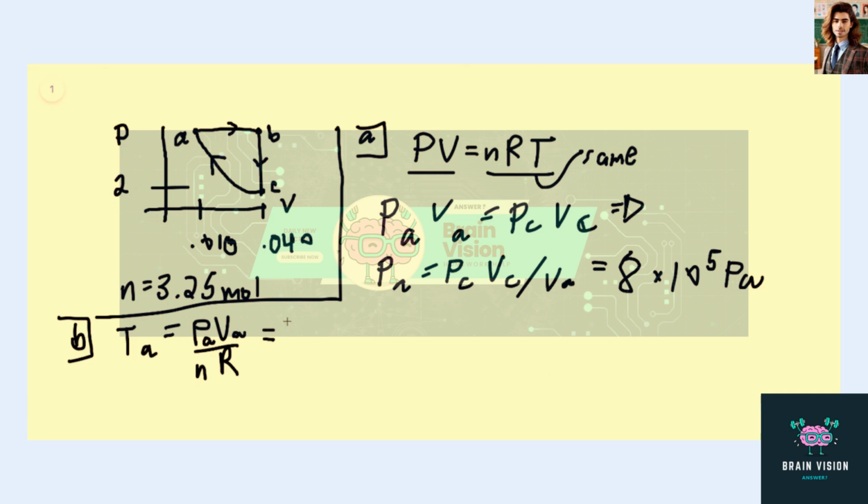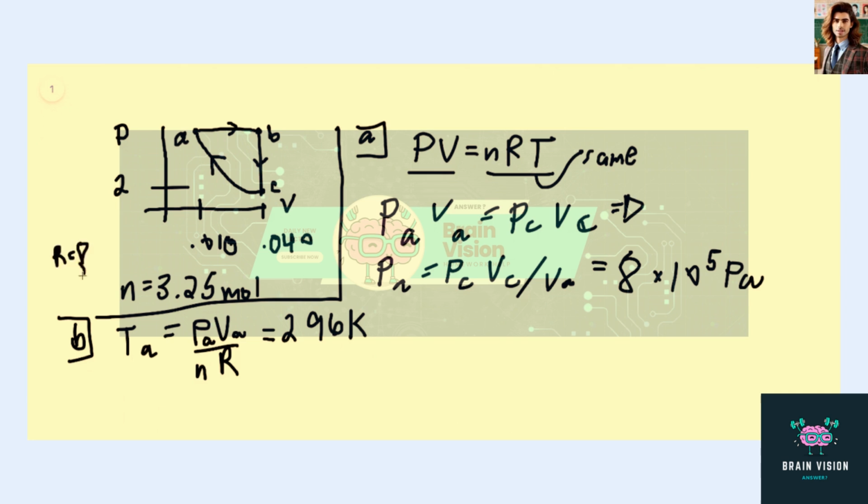If you plug in all your numbers, 296 Kelvin. Our PA is the 8, VA is 0.01, n is 3.25, and R is 8.315 joules per mole Kelvin.